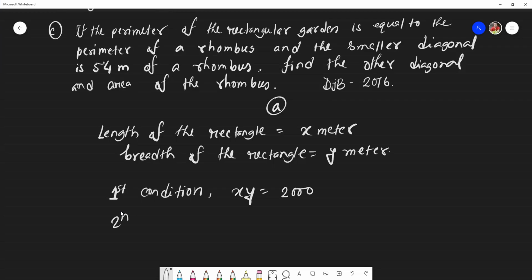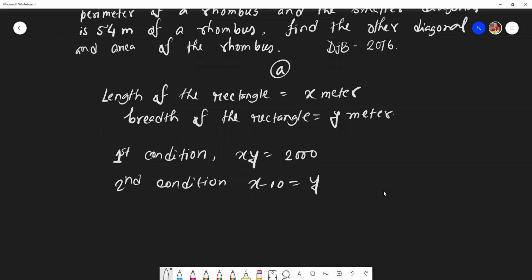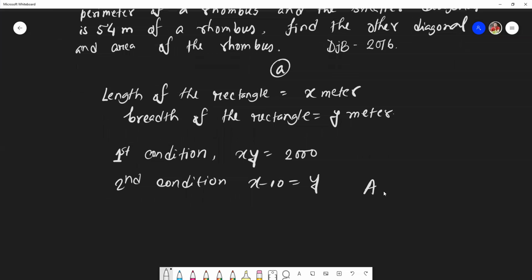The second condition: if the length is reduced by 10 meters, x minus 10, then it will be a square. That means length and breadth will be the same, so x minus 10 equals y. So this is the second condition, and this is our answer according to the questions.